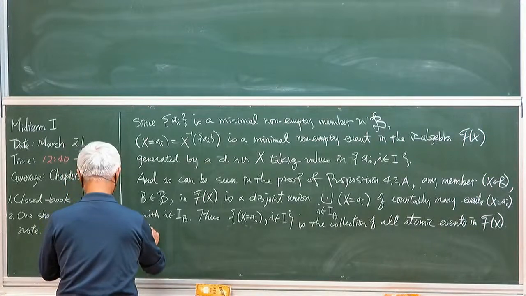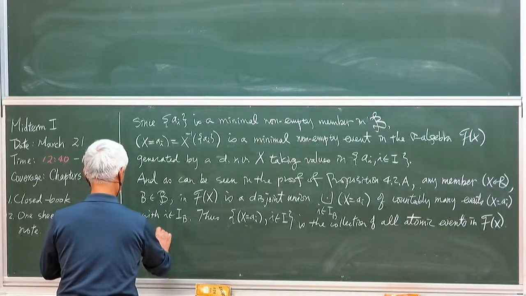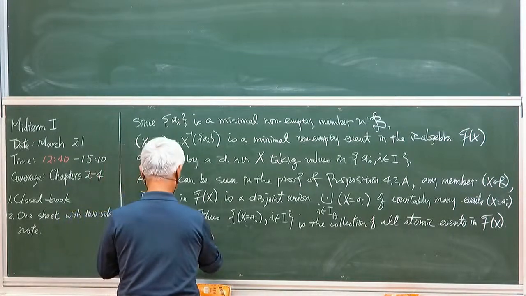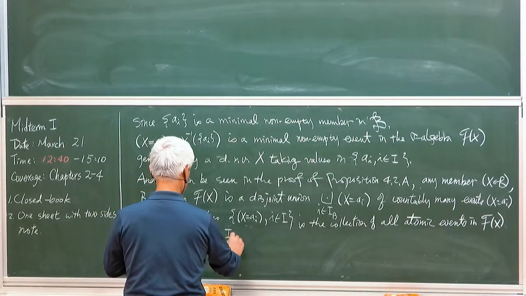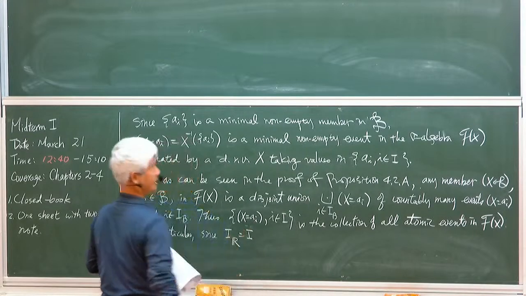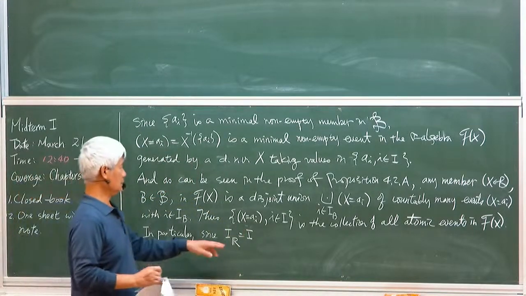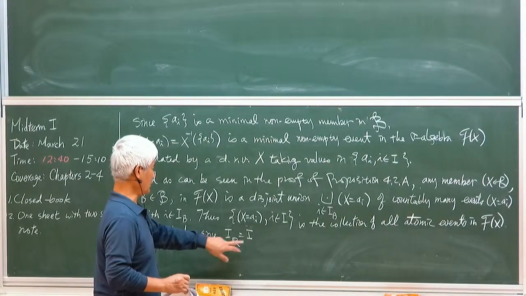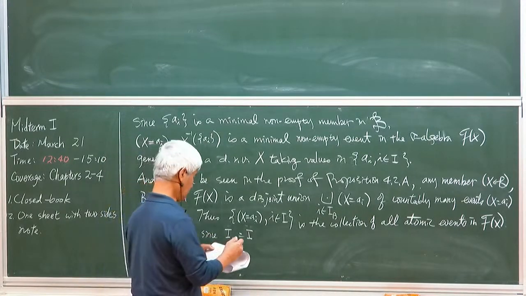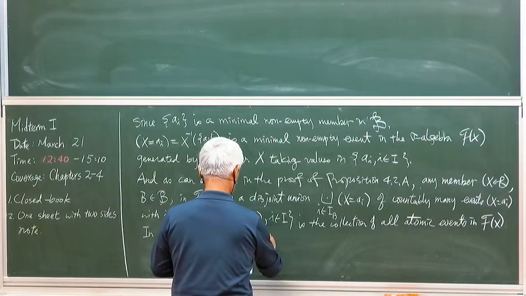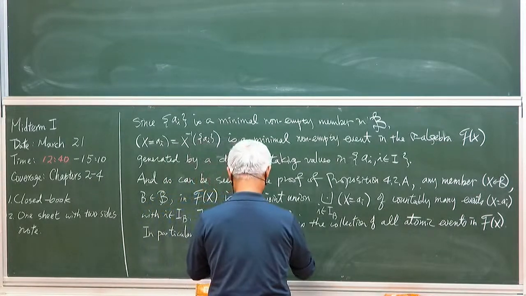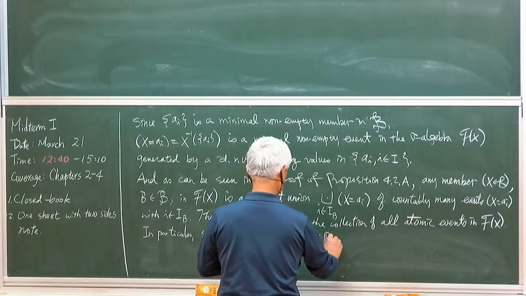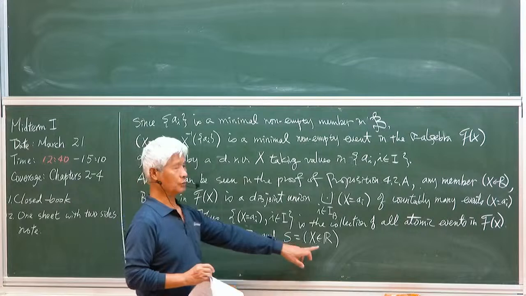Okay, and in particular, since I_r equal to I, because every possible value is in the set of all real numbers, so I_r is just the original set of index, and then we know x is the total event, right?